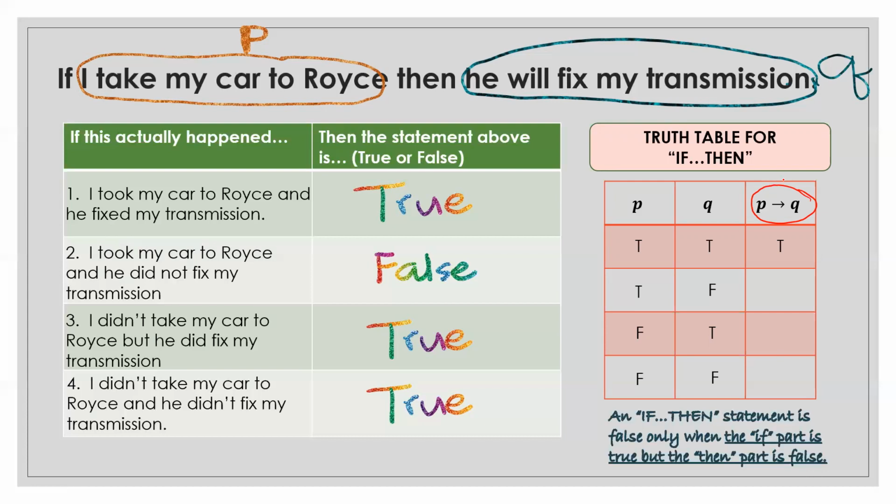If true, then false, then the compound statement is false. If false, then it doesn't matter what follows, it is always true. And that's the truth table for the if-then statement.